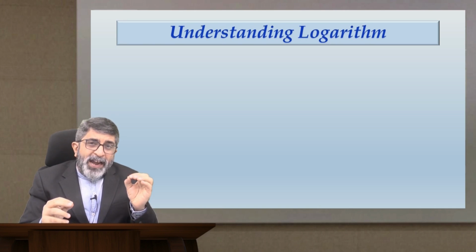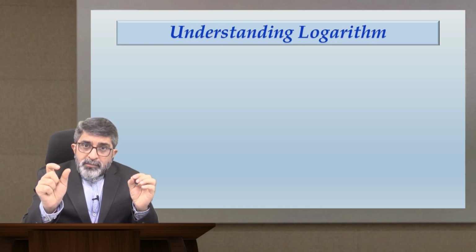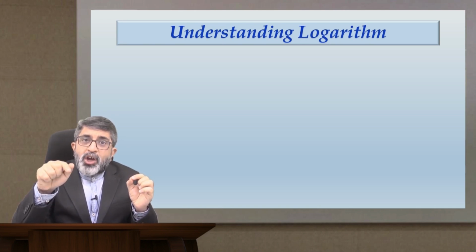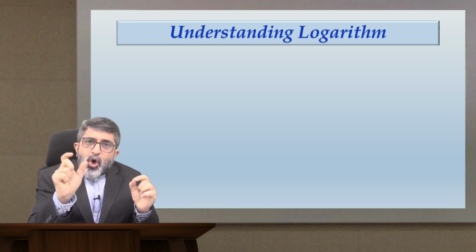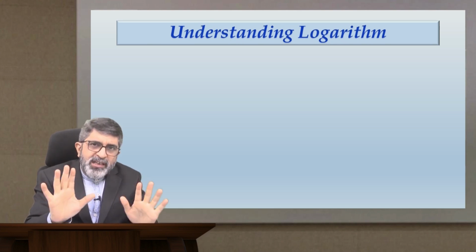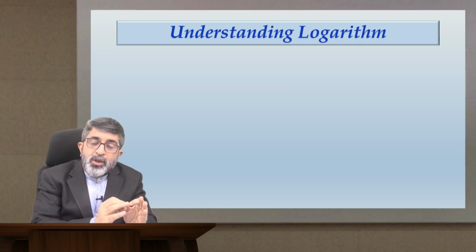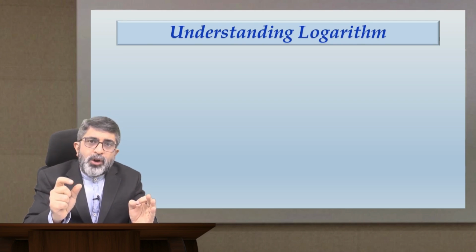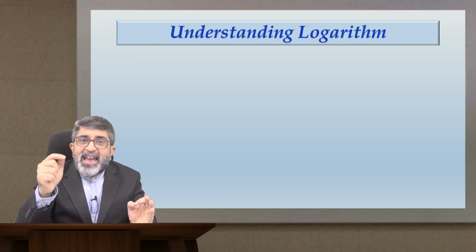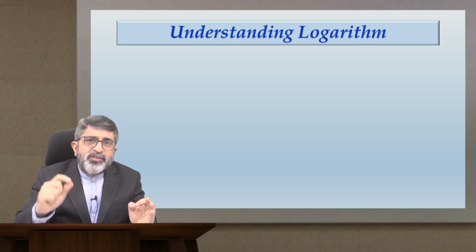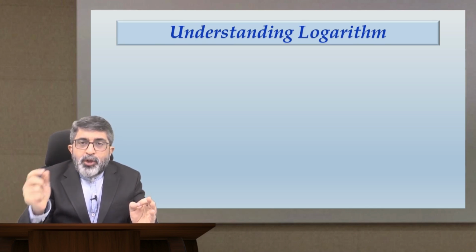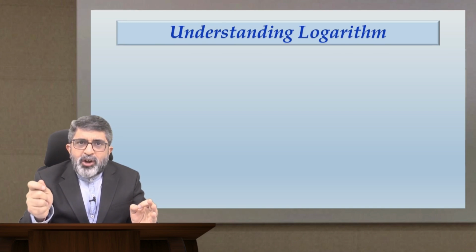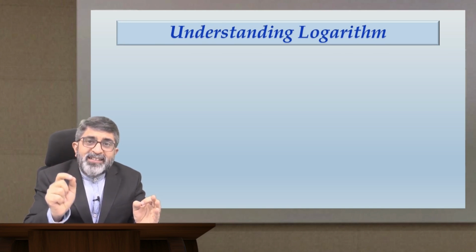Now when you find the term mathematically used as log, L-O-G, it generally indicates a common logarithm, whereas the symbol used for natural logarithm is ln. Ln also stands for log normal. So log normal or natural logarithm, its symbol is ln.